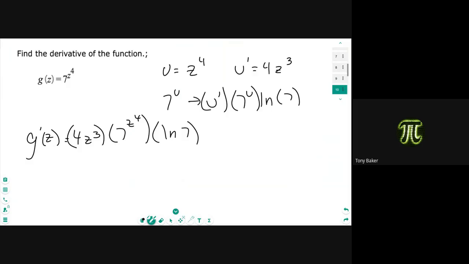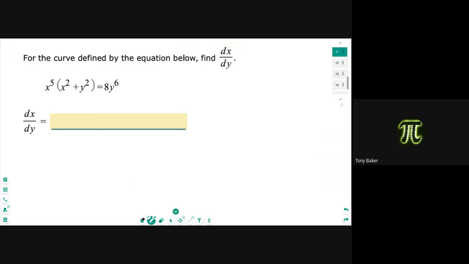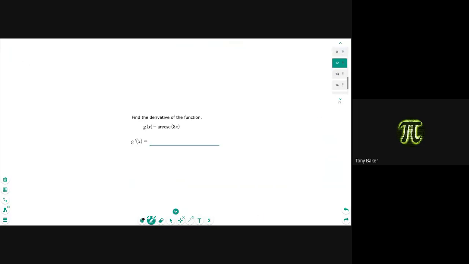The logarithm section. I didn't put a logarithm problem on the test. Wait, actually, I might have. Nope, I didn't.